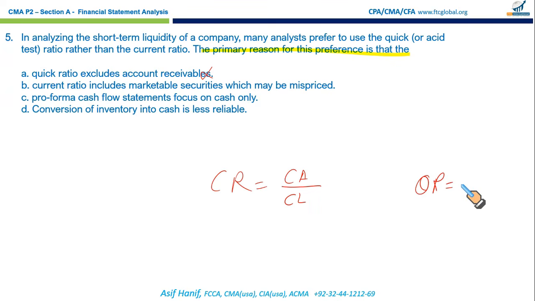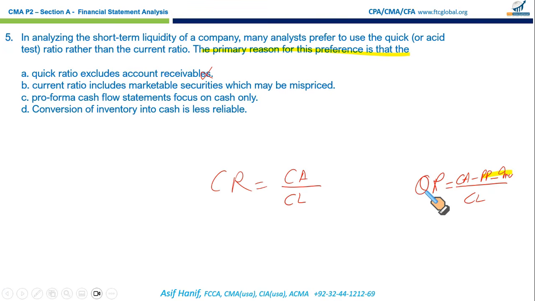But in quick ratio, also called the acid test ratio, we exclude two things. We exclude prepayments and we exclude inventory. And I will tell you the rationale why we do that. So current assets minus prepayment, PP for short, and inventory figure upon current liability. That is the difference. Why do we do that?